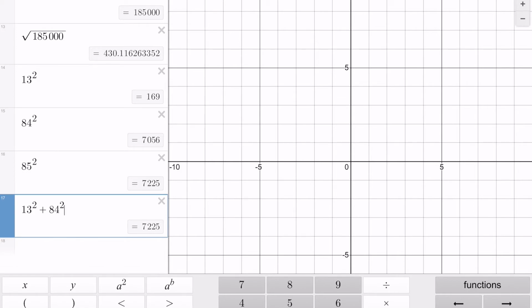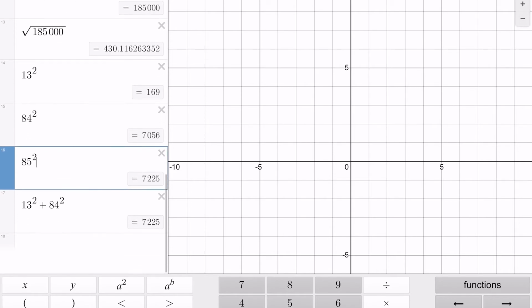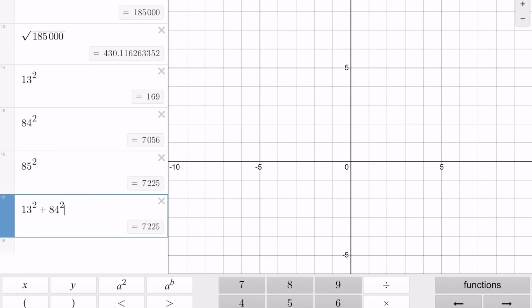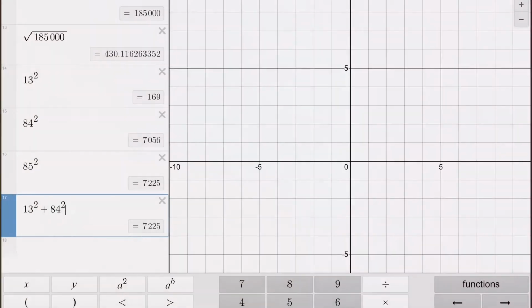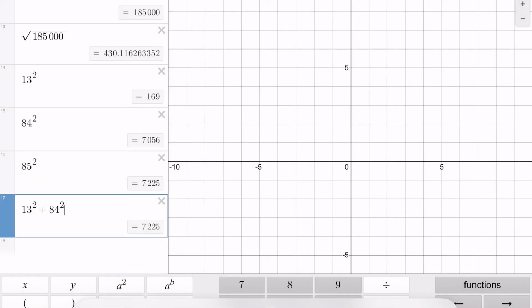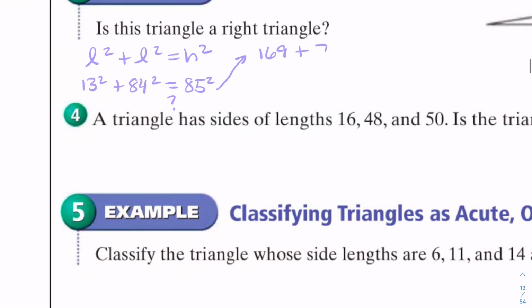So you'll notice just quickly in my calculator, I did get that 85 squared does equal 13 squared plus 84 squared. They're both equal to 7,225. But I'm just going to show all my work for this. So 13 squared is 169, and then plus 7056 equals 7225.